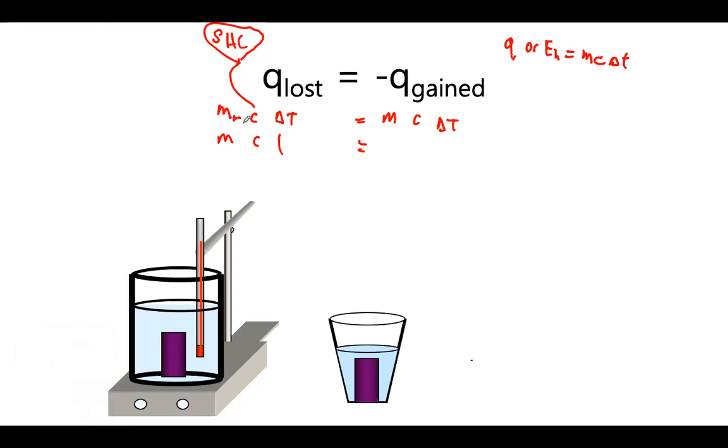So we have metal, and then we have water. The water gains heat. So the change in temperature of your water, and then you have mass and change in temperature of your metal.